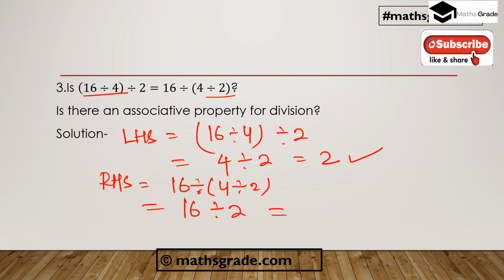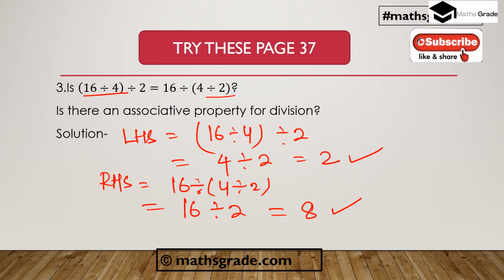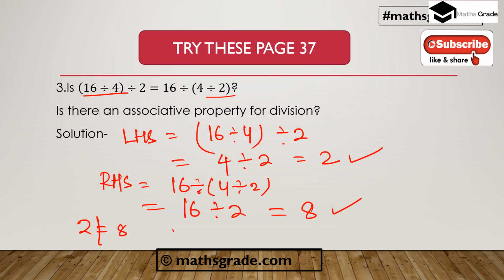Now 16 divided by 2 is 8. 2 is not equal to 8. So the left hand side is not equal to the right hand side. So the associative property for division is not true in whole numbers.